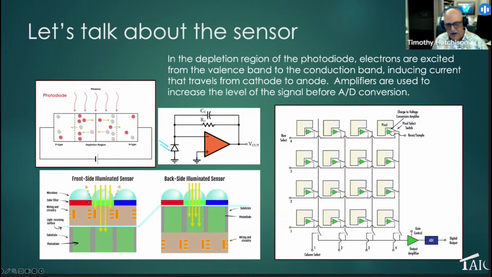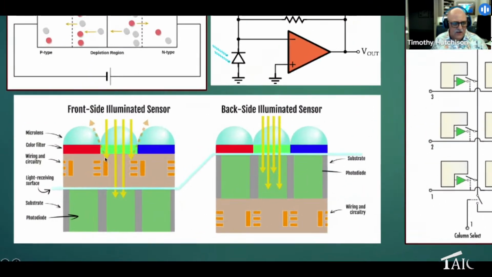If we're talking about a color sensor, either a DSLR, a mirrorless camera, or a color astrophotography camera, they'll have this Bayer matrix in here, and that's what this red, green, and blue section is, that Bayer matrix, those color filters. If it's mono, that wouldn't exist at all. But this is the important bit right here in the middle of the front side illuminated sensor that we see on the left, where all of this wiring and circuitry is in this kind of orange area.